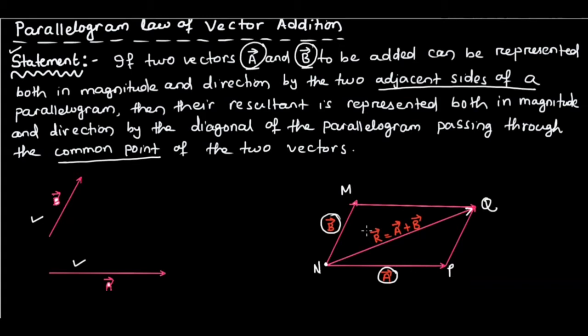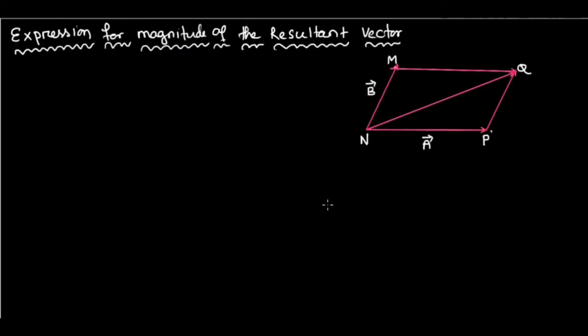So this is the diagram based on the statement of the parallelogram law of vector addition. Now we will derive the expression for the magnitude and then the direction of the resultant vector.